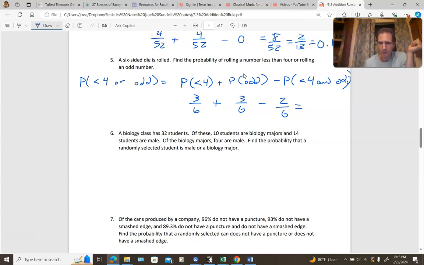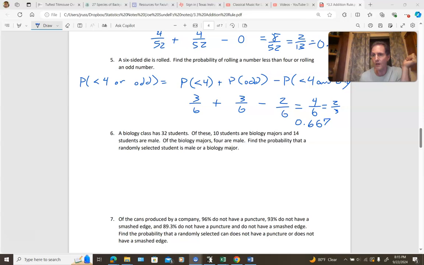So anyway, if I were to compute this, I believe that I'm going to get 4/6, which is the same as 2/3, or 0.667. Okay, so that would be the probability of one of those two things happening, or both.